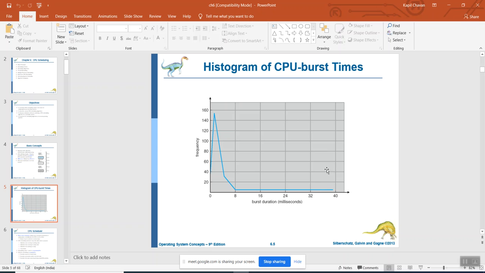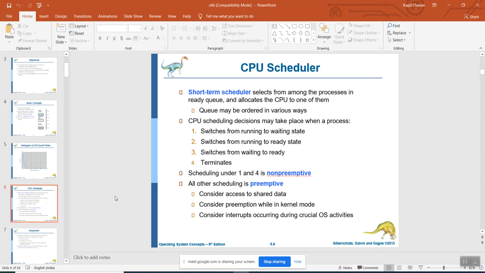This line indicates that the maximum number of processes have a smaller burst time, and only when a process takes longer to complete does it have a longer burst duration. The maximum number of processes have smaller burst durations. They access the CPU for smaller units of milliseconds, and then it is handed over to IO for further processing.